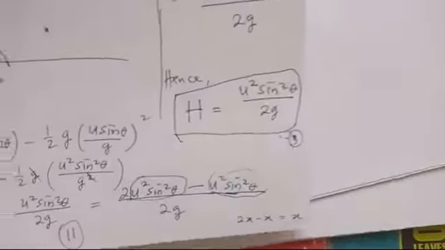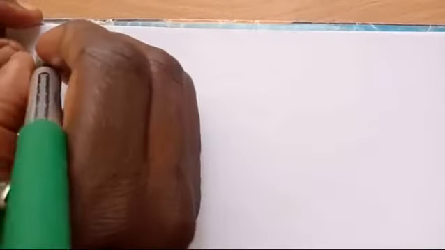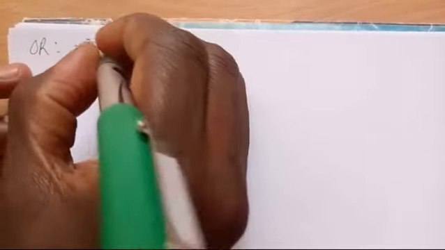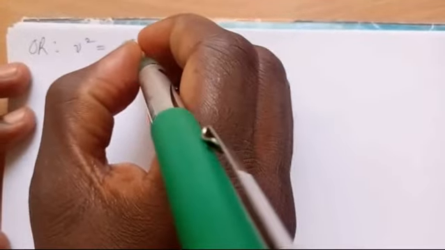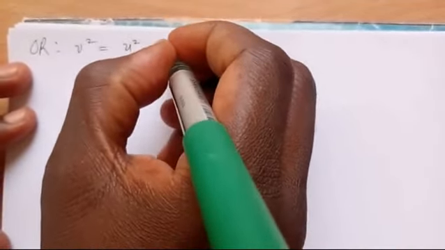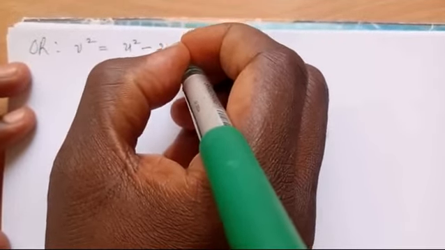The answer is yes. If this process is confusing, or you don't understand it, or it is too difficult, there is another idea you can employ to get the maximum height. I'm going to write O here. If you like, you can use this formula: v squared equals u squared minus 2gh. This one is for motion under gravity.